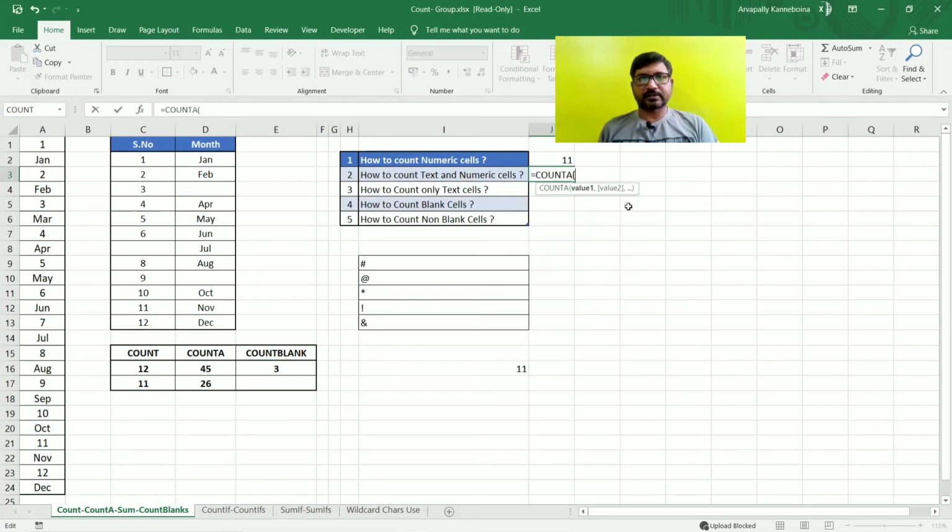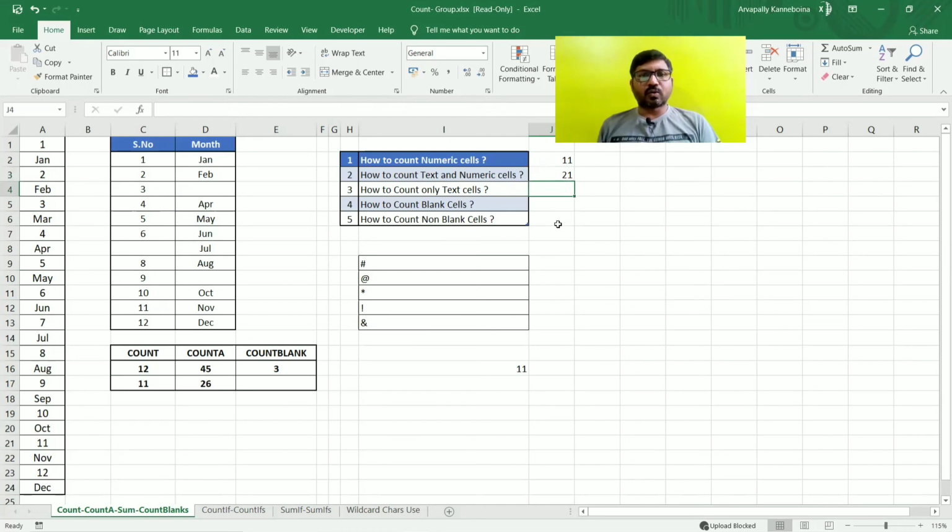Count A, you select this range, will get the result. Text cells and numeric cells, not blank cells. The count A does not count the blank cells, right?